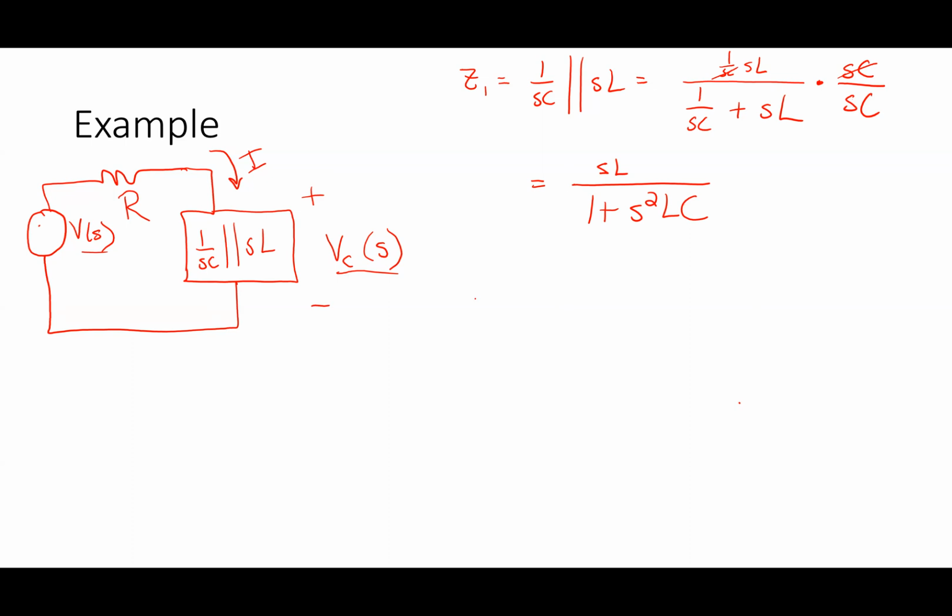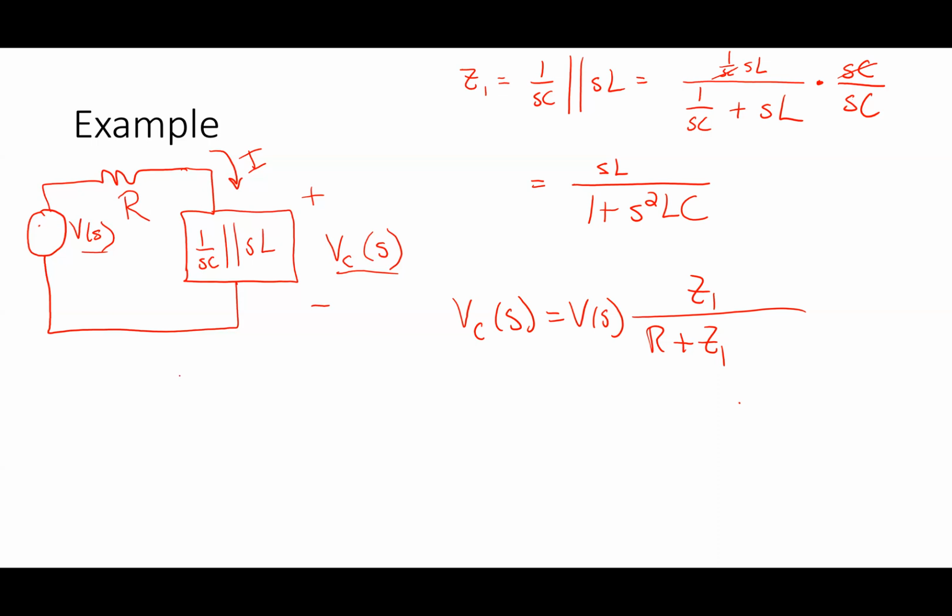Now, what we said was that V sub C of S was V of S times this Z1 over R plus Z1. Okay. So now what do we do? Well, I've got to plug in this Z1 into that expression, right?